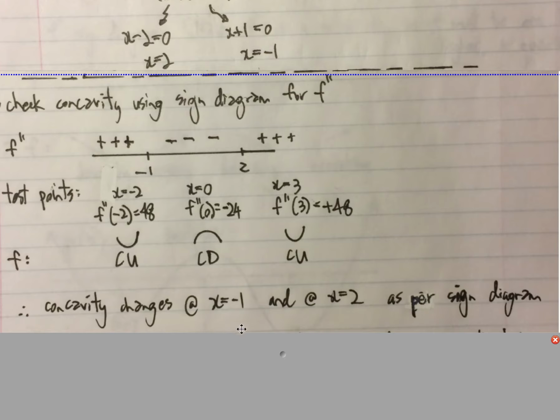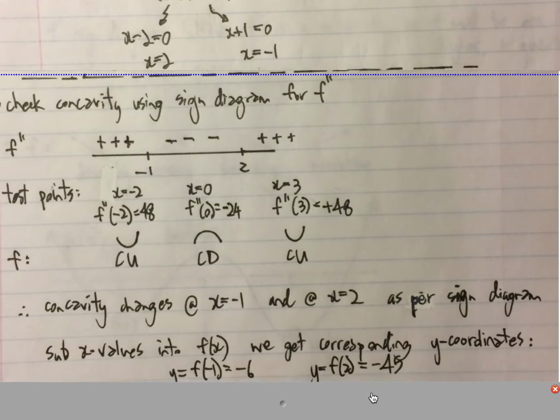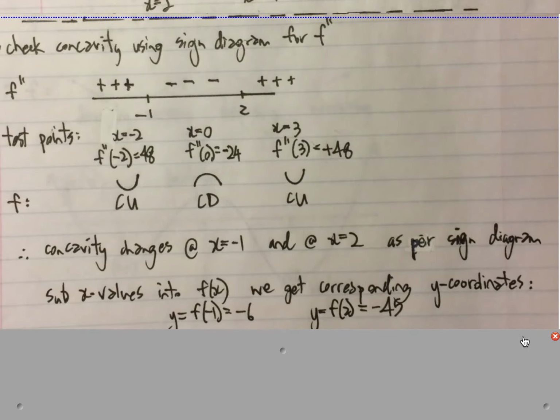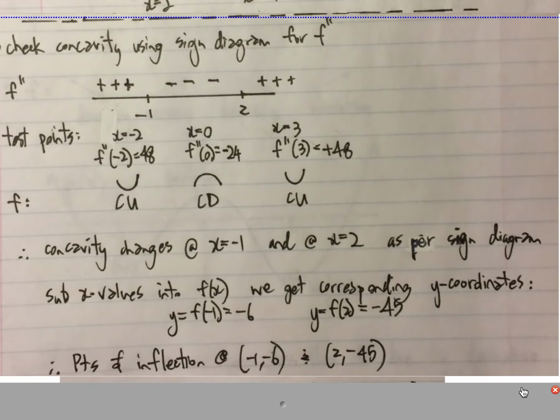So concavity changes at x equals negative 1 and x equals 2 as per the sign diagram as we just went through. And then we have to substitute in those particular values into the original function to come up with the actual coordinates. So the points of inflection are negative 1, comma negative 6, and 2, comma negative 45.